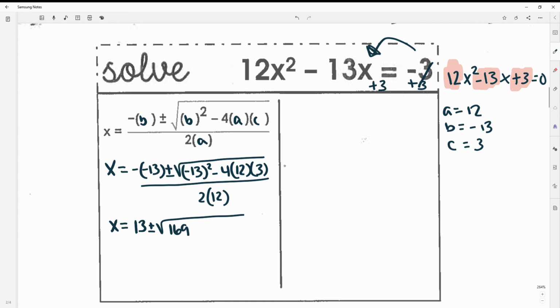This is going to be 48 times 3. What's 48 times 3? 144. And then the bottom is 24. Alright, I've got to keep going. Can't stop till I get my answer.